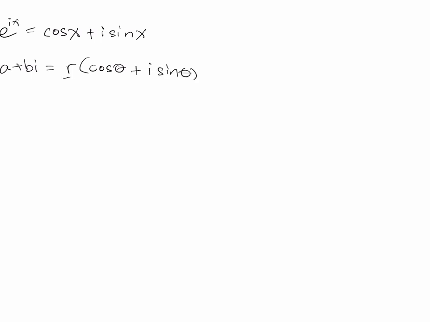What if, let's just let r equal 1? Then we have a plus bi equals cosine theta plus i times sine theta. And this is exactly the same thing as the Euler's form, so we can write it as e to the power of i theta.